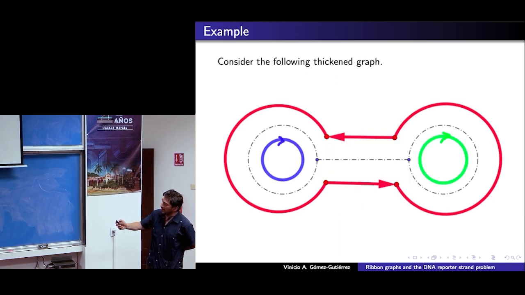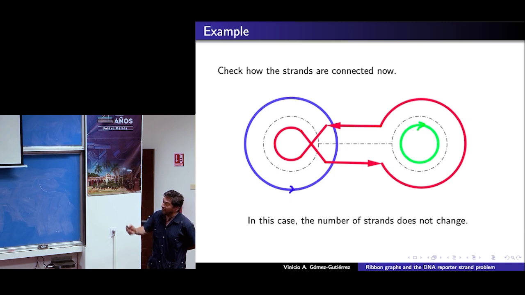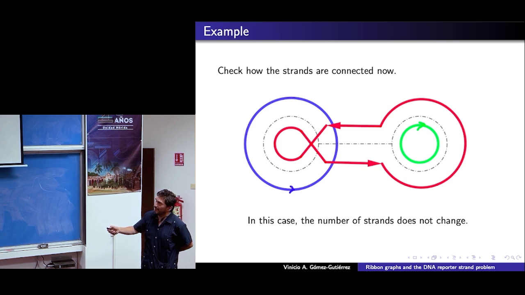In the previous example, at this vertex we have two strands, the blue and the red, and after the replacement, we still have two strands traversing this vertex, the red and the blue.